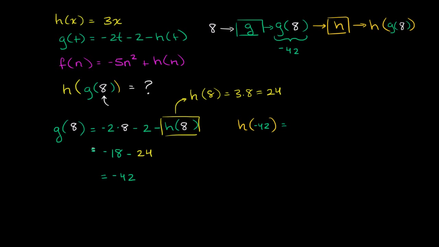This is going to be equal to 3 times negative 42, which is negative 126. Negative 126, and we are done. So it seemed convoluted at first, but if you just keep track of what's our input, what's our output, and really just evaluate the functions, it should hopefully be reasonably straightforward.